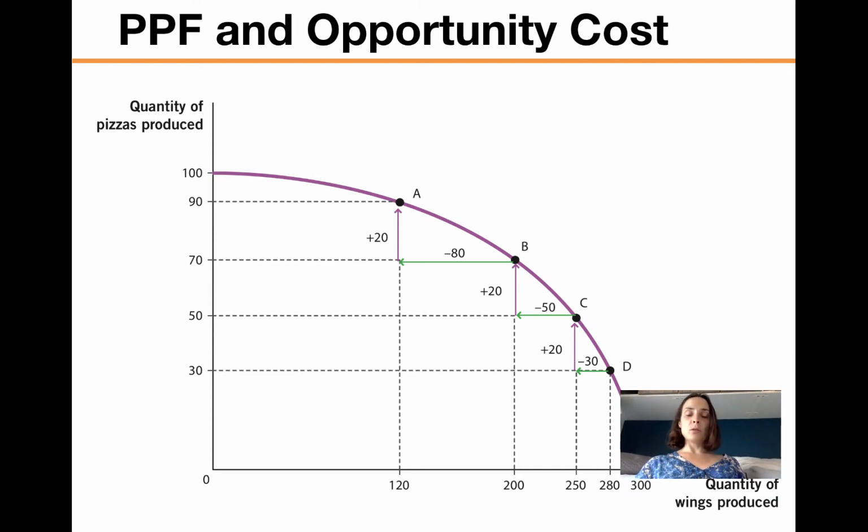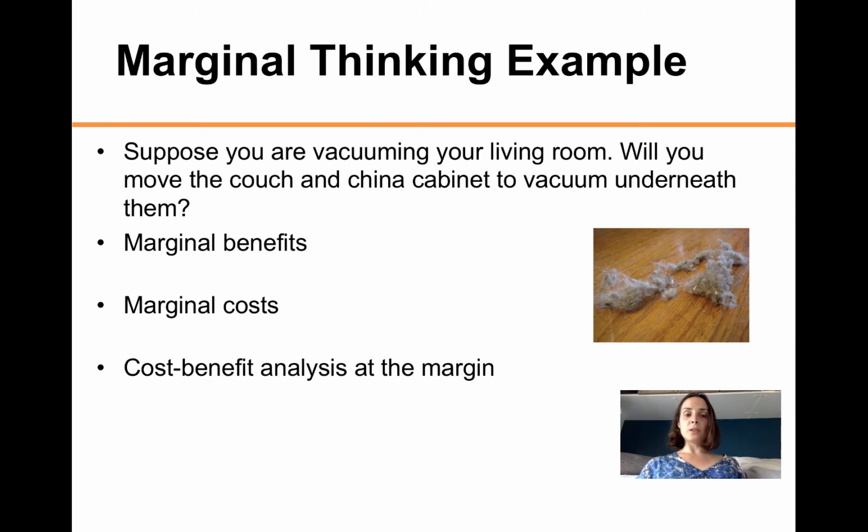All right, so that finishes our thought process regarding the PPF. Okay, and I mentioned that the PPF represents all the four first principles. It represents the fact that we are facing trade-offs. It represents the fact that the cost of getting something is whatever we give up, or the principle of opportunity cost.